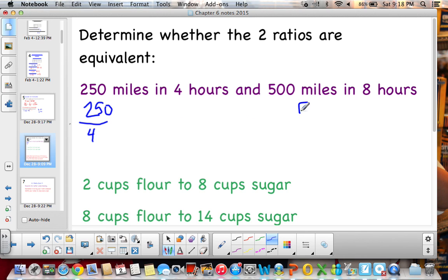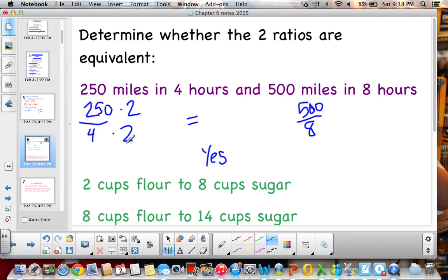And then we have 500 miles in 8 hours. So before I simplify this, I can already see that 250 times 2 and 4 times 2 equals 500 over 8. So I already know that they're going to be equivalent.